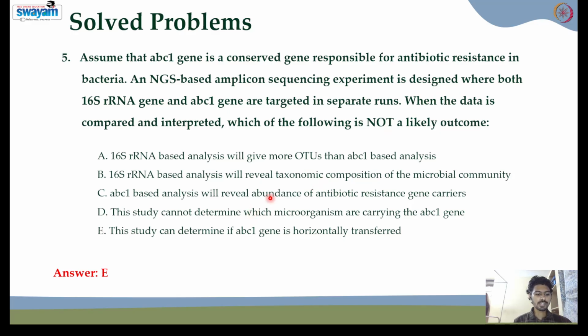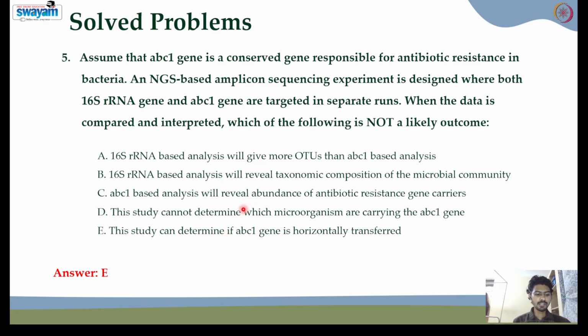And if you see option C, by targeting the ABC1 gene, the analysis directly measures the prevalence of bacteria harboring the antibiotic resistance gene markers. So this tells us the abundance of such genes in the microbial community.